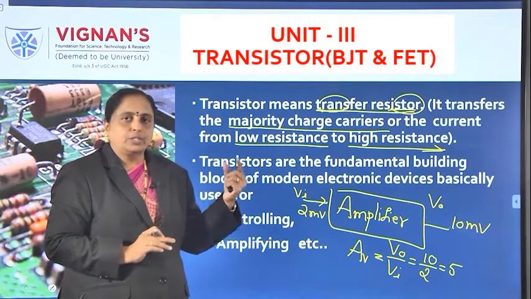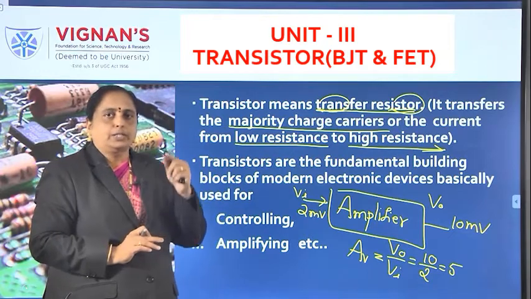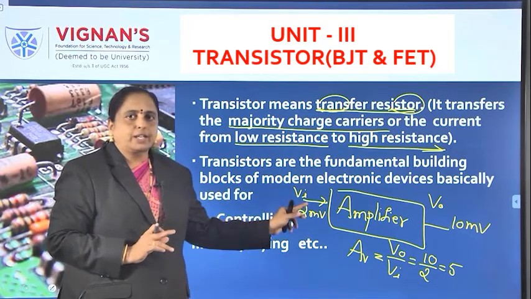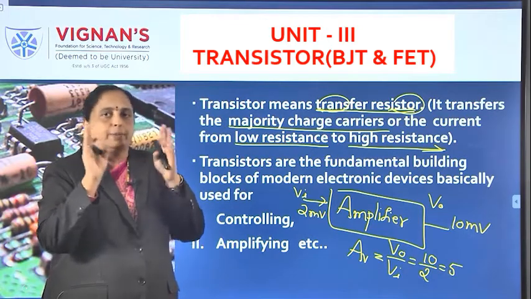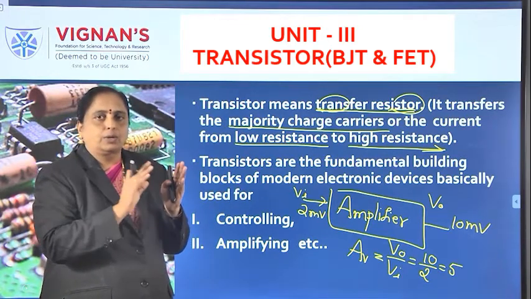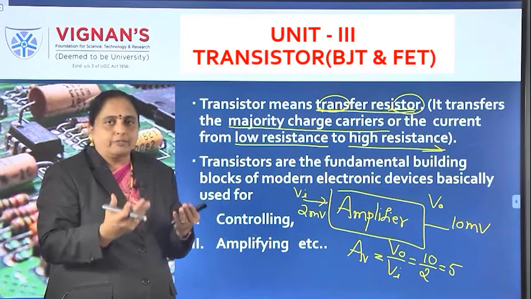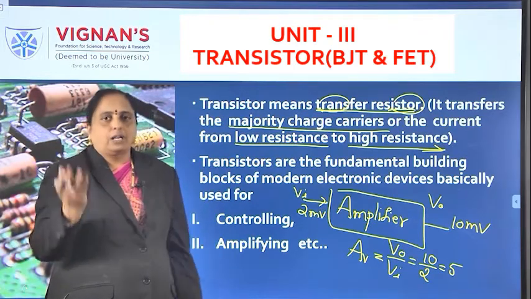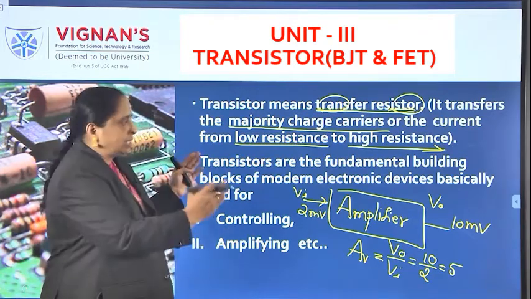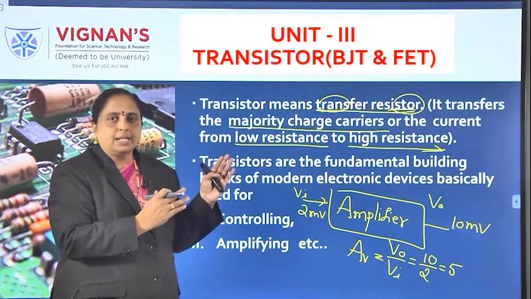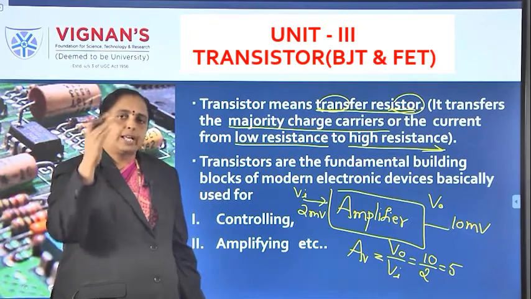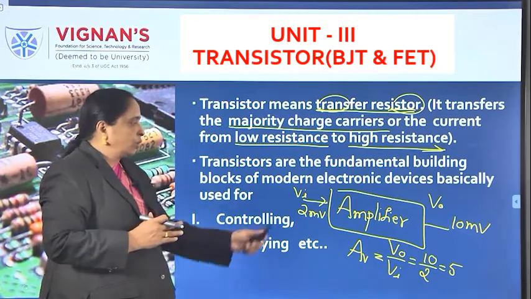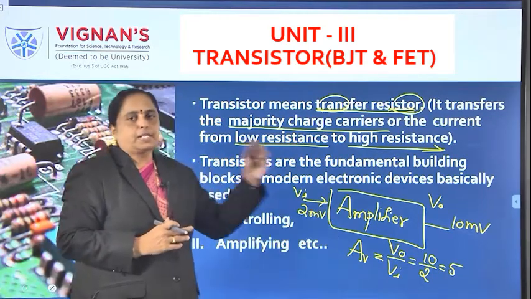In the previous units you studied about the diode. There this type of amplification is not at all possible because it consists of only two terminals, anode and cathode. The maximum connections you can give are either forward bias or reverse bias. The construction of the BJT is almost similar to a diode, but one more extra terminal is added to create this type of special application.